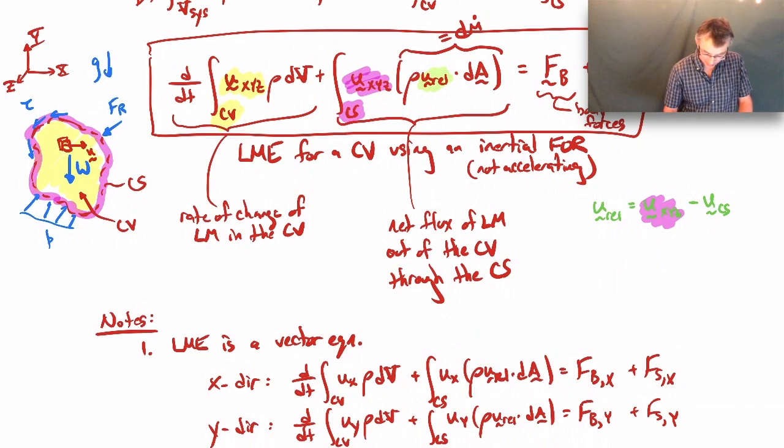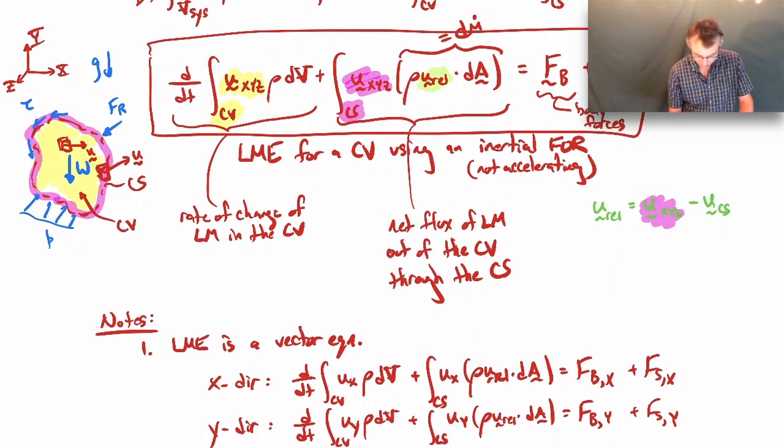The second velocity, the one in pink here, is the velocity of the piece of fluid at the control surface. So that would be a piece of fluid right here, for example. So that piece of fluid here is this one. It's evaluated on the control surface. And again, it's the velocity using our coordinate system here. The next one, u relative, we talked about before. This is just the velocity of the fluid at the control surface.